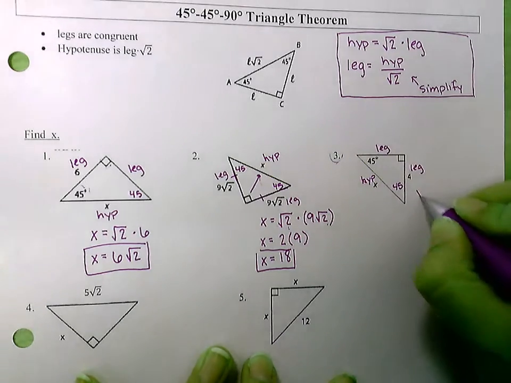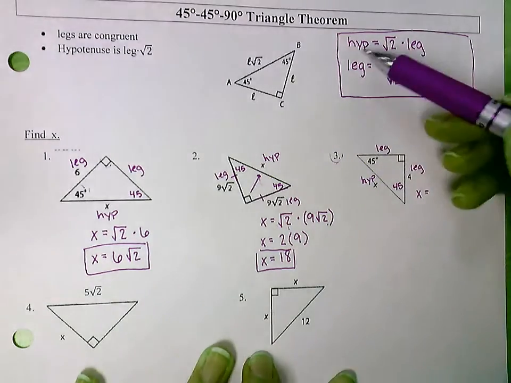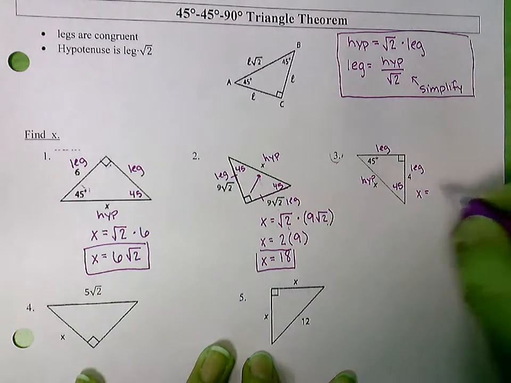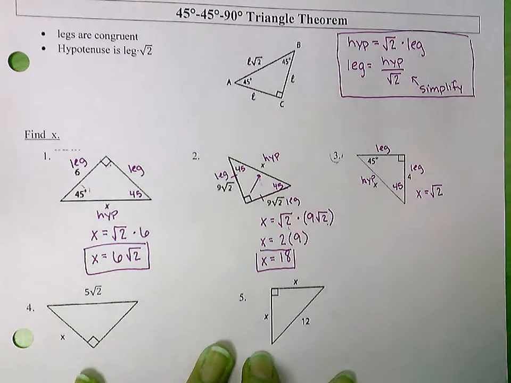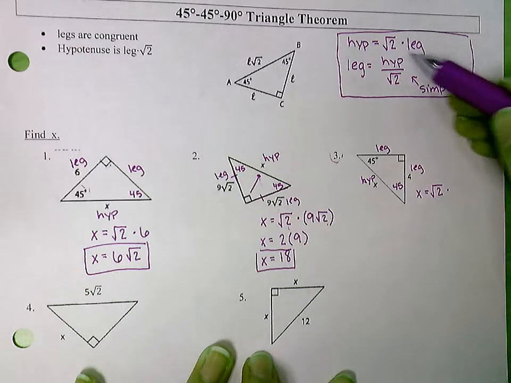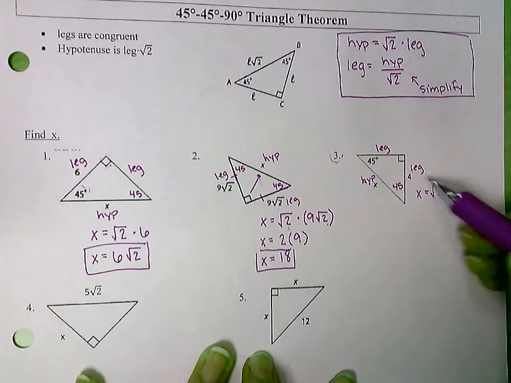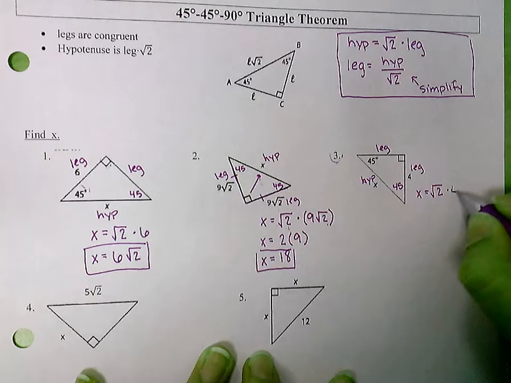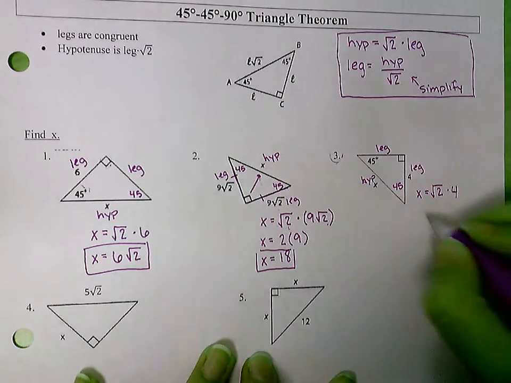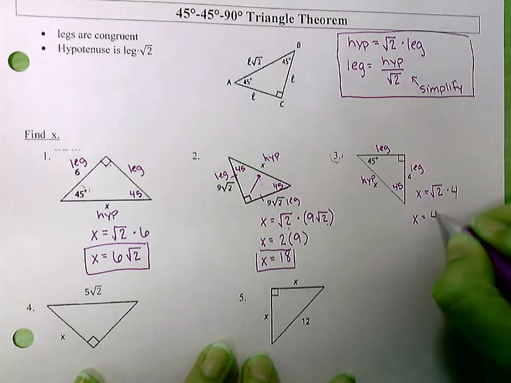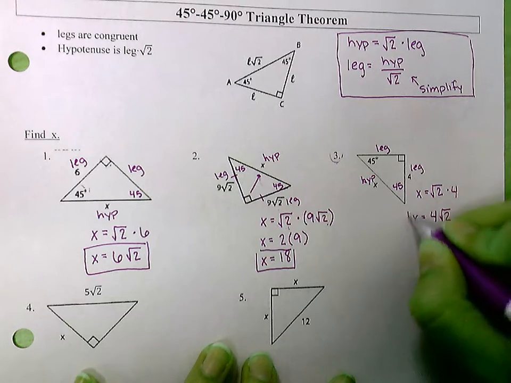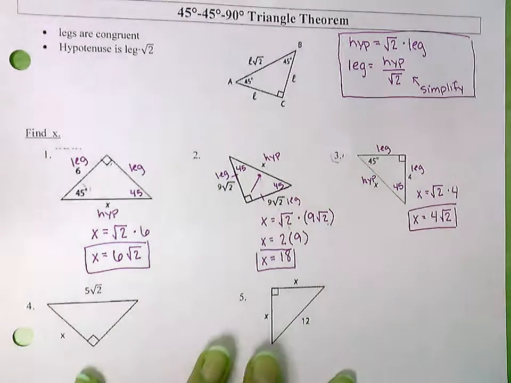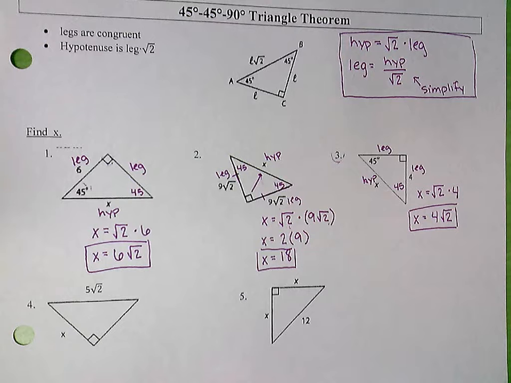So replacing hypotenuse with x, I still have this square root of 2 then multiplied by the length of the leg. Well, the leg is 4. And I'm just going to rewrite it so it looks nicer. So I have 4 times the square root of 2. That would be your answer. Got it right.